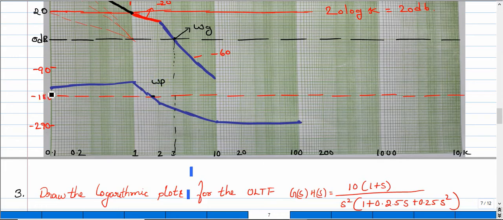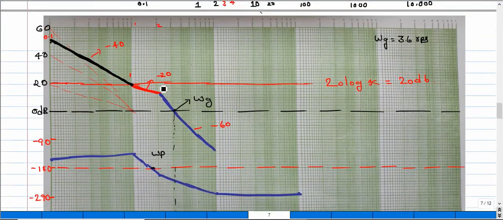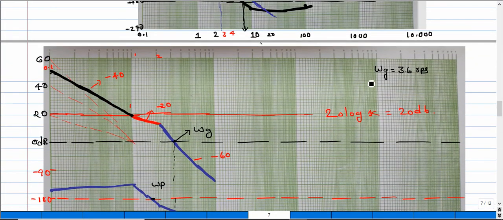This particular point will be omega p. See, our phase angle plot crosses the minus 180 degree line. That intersection point we call omega pc. Omega p, I am getting as 1.4 rps. It is very simple to measure.